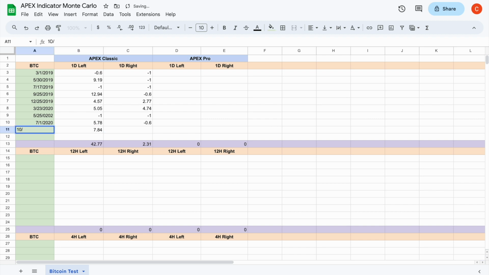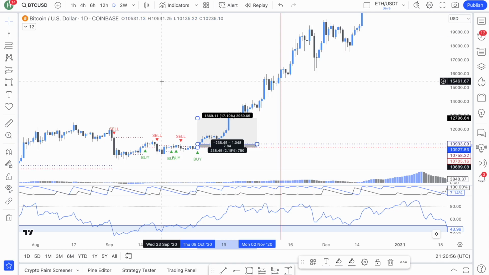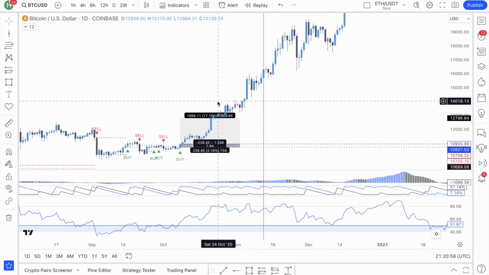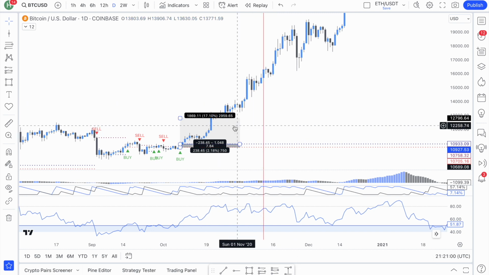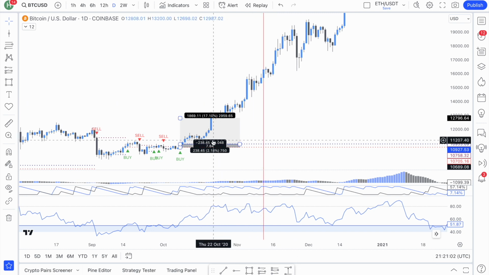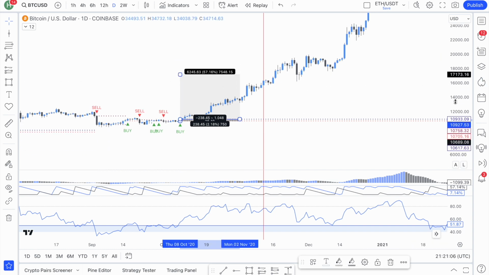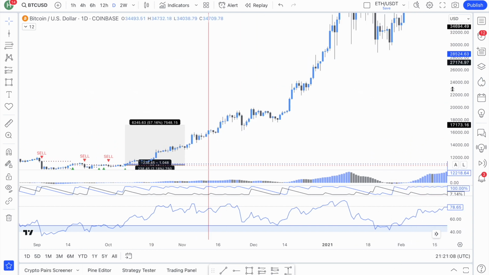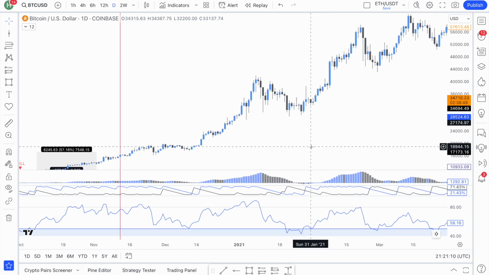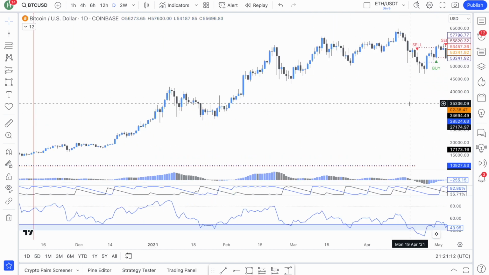10/19/2020. I want to preface, I also want to add a footnote to this. You could have held this, and if you did, obviously you would have done really well, right? So keep that in mind. It's really good about getting these runs up. Look, there wasn't another signal for a long time.